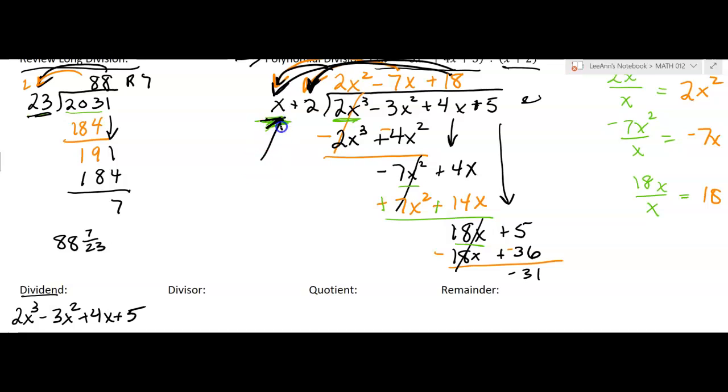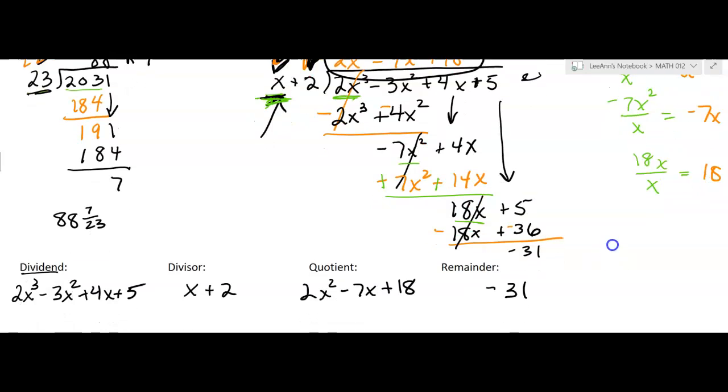The divisor, that's the one on the outside, in this case, x plus 2. That was what we were dividing by. The quotient is our answer right up here, 2x squared minus 7x plus 18. And then the remainder for us was negative 31. Okay? All right.